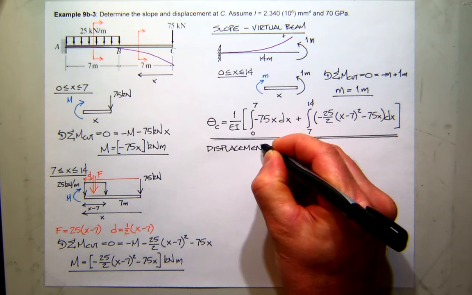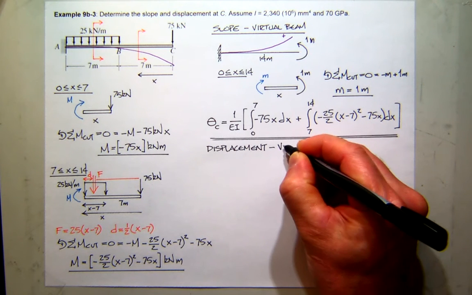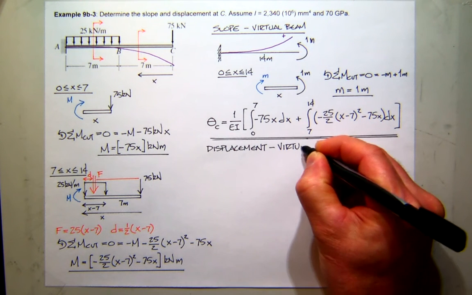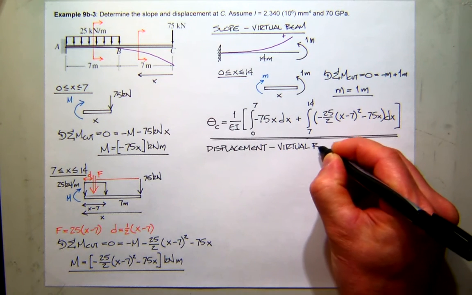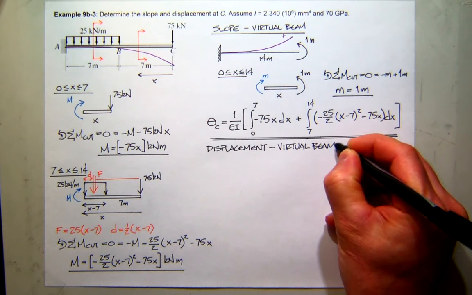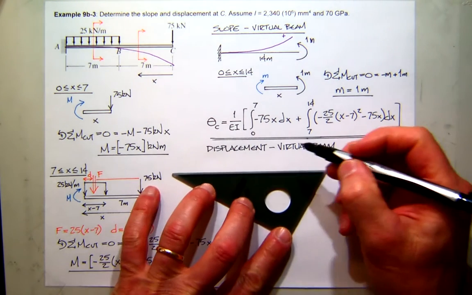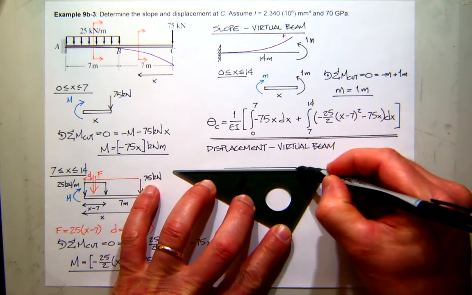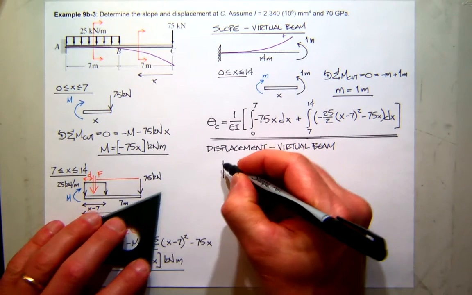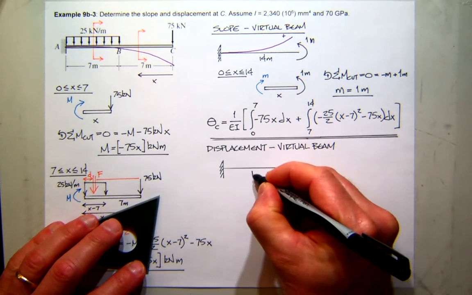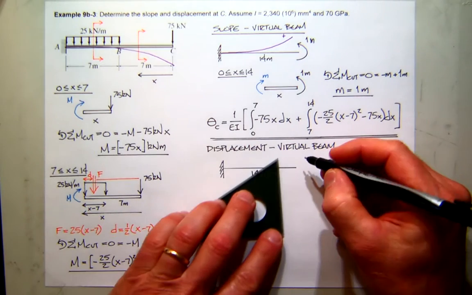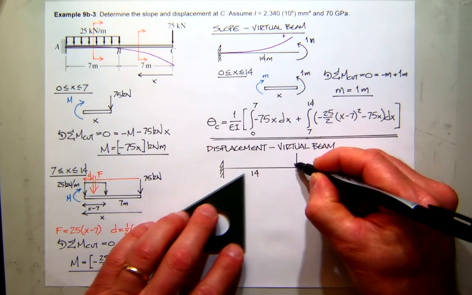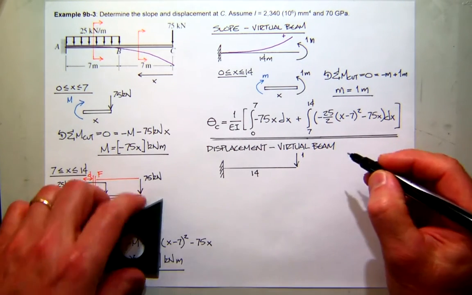So if I'm looking for the displacement at C, what does that virtual beam look like? Well, it's the same beam. Geometry is unchanged. Except now I'm going to assume that it has a unit of 1 down.